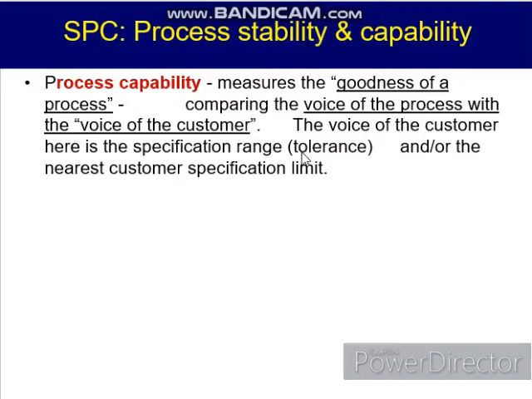And you should not do the process capability analysis until your process is stable. That means the data collected over time must be stable, and stable means that it should conform to the normal distribution curve.